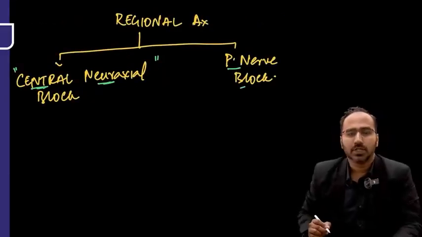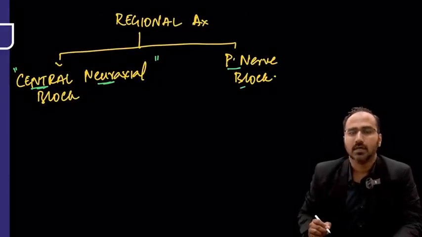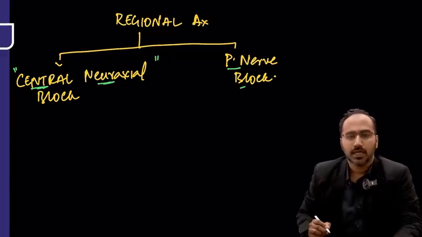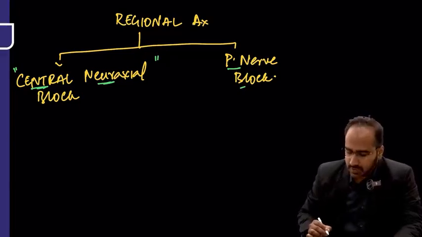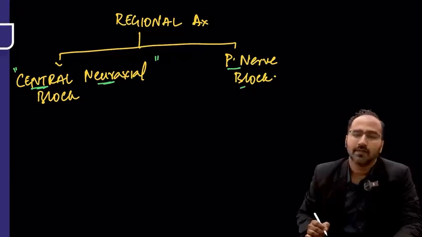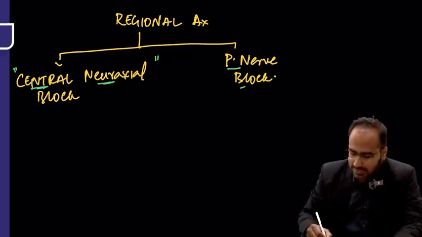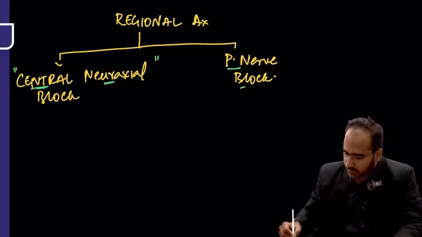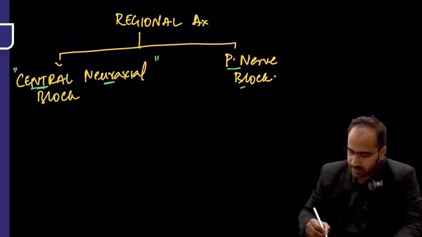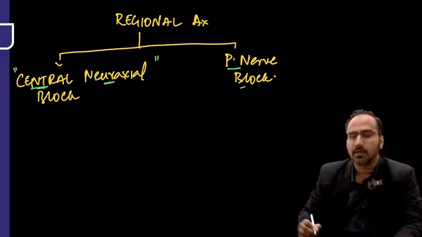So continuing with this topic of regional anesthesia. Regional anesthesia is further divided into central neuraxial block and peripheral nerve block. What are the things that you see in central neuraxial block?